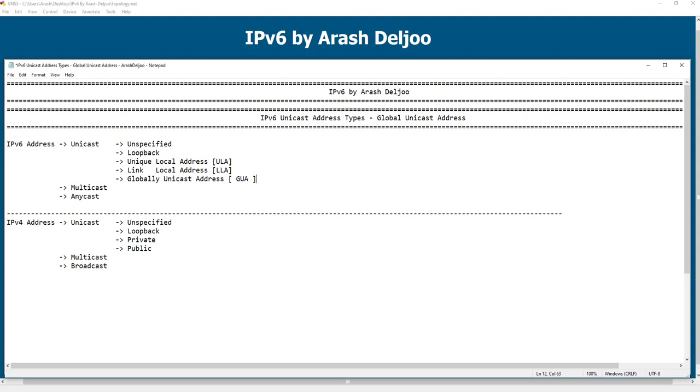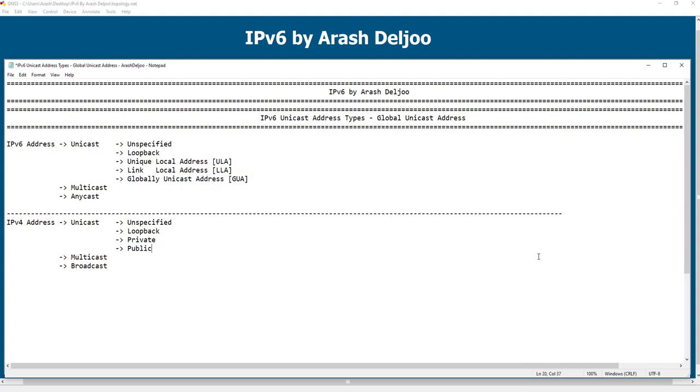This type of IP address is the counterpart of the public IPv4 addresses, and it can be used for routing in the internet or maybe inside of your company. In this video I'm going to talk about this GUA, but first I want to show you the basic structure of the GUA address. After that we can delve into the details of the globally unicast address.